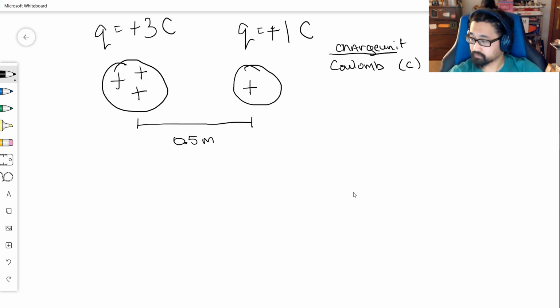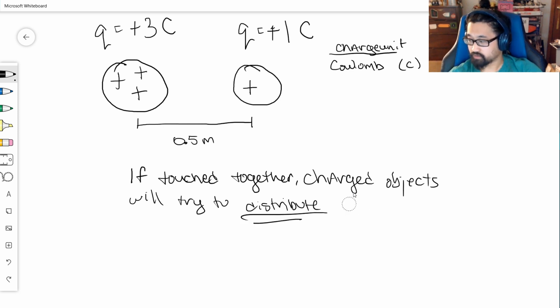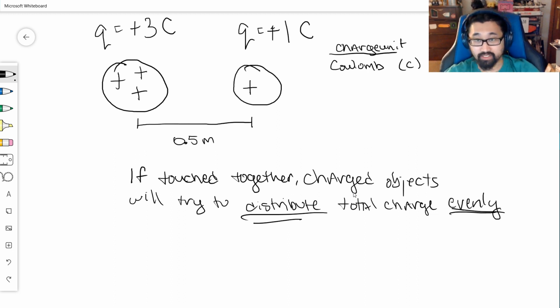However, if touched together, charged objects will try to distribute total charge evenly. Now, if it's not possible to distribute it evenly, then it will distribute as evenly as it can.